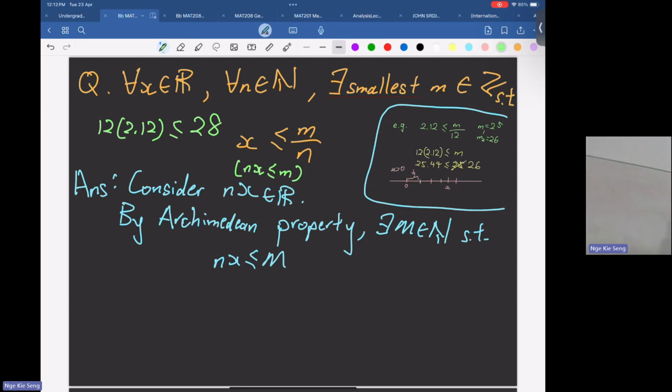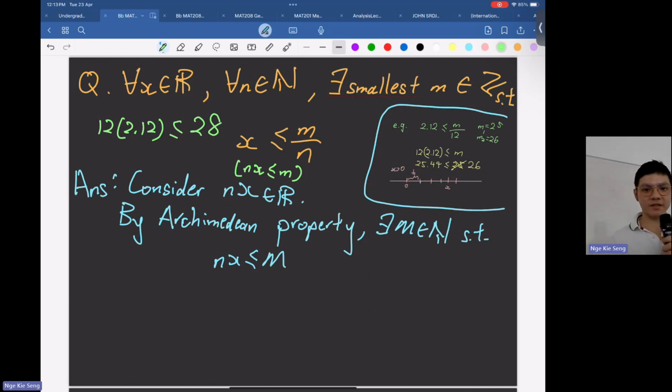For example, how do you go from 28 to 26? Minus one twice. Yeah, you could slowly reduce your bound.